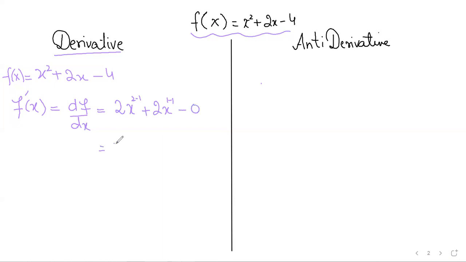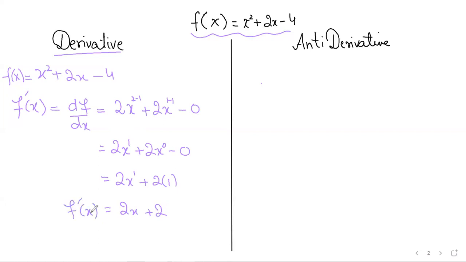If I solve it, it will be 2x to the power 1 plus 2x to the power 0 minus 0. I know very well that anything whose power is 0 equals 1, so my answer would be 2x plus 2. This is my derivative.